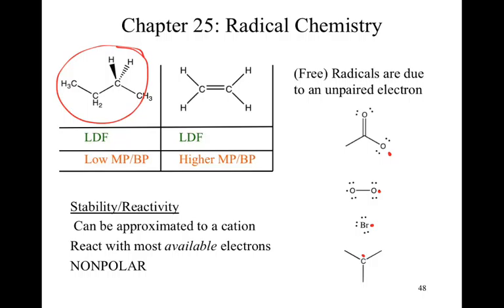As far as their reactivity, they are roughly equivalent to a cation. So they're unstable because they have an unpaired electron, and they react with the most available electrons relatively quickly. Our most available electrons are going to be found typically on the outside of our structures, and so that's where we're going to need to keep our focus.